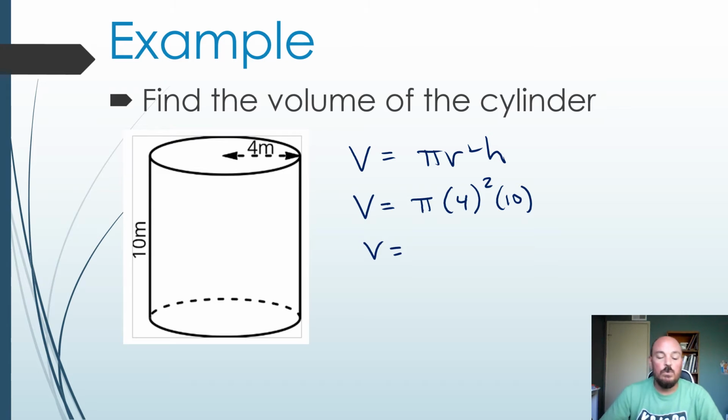So what you have is 4 times 4 is 16, times 10 would be 160. So what we get is 160 pi. That would be the exact answer. Maybe we want it as a decimal. Let's see what it comes out to on the calculator. 160 pi, about 502.6.